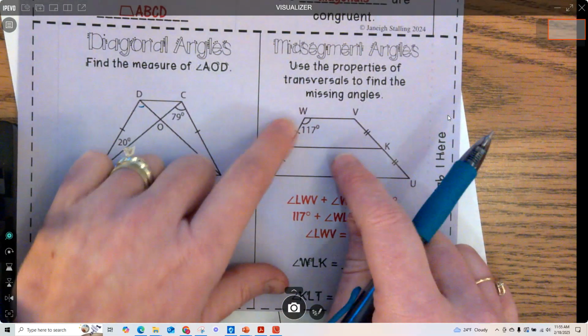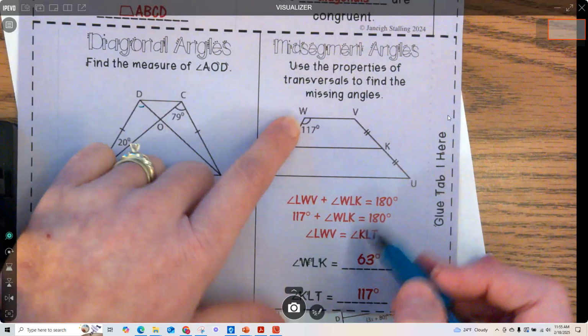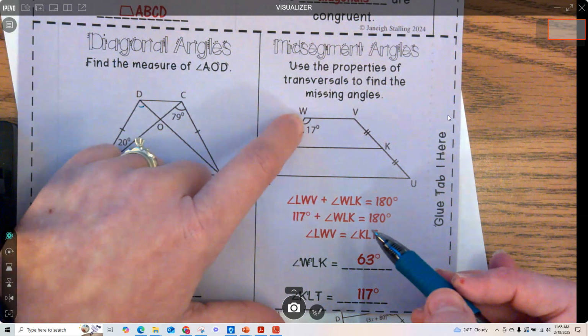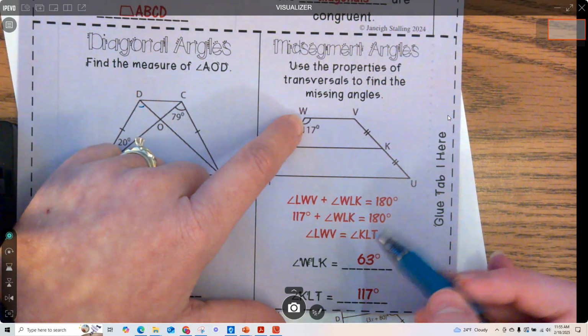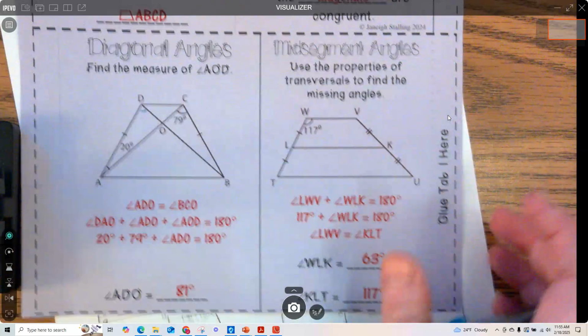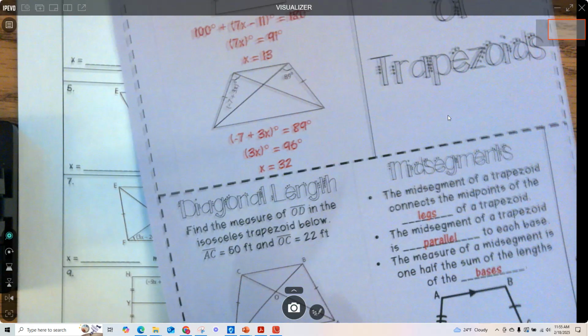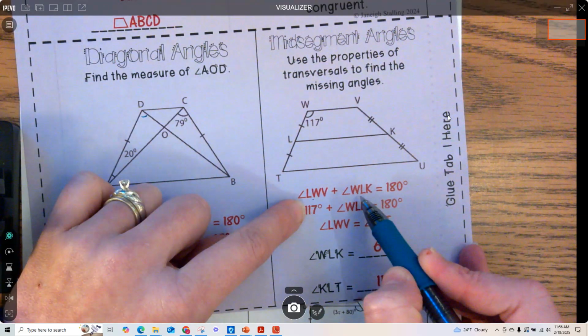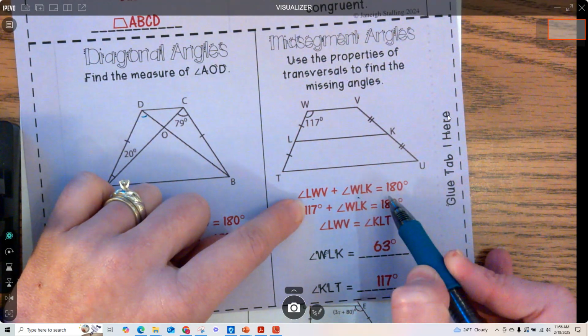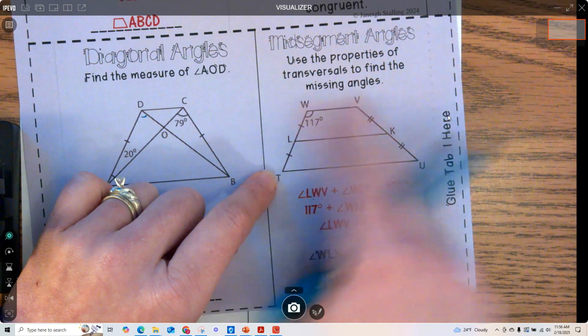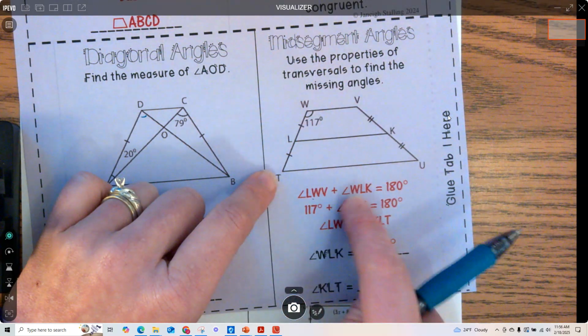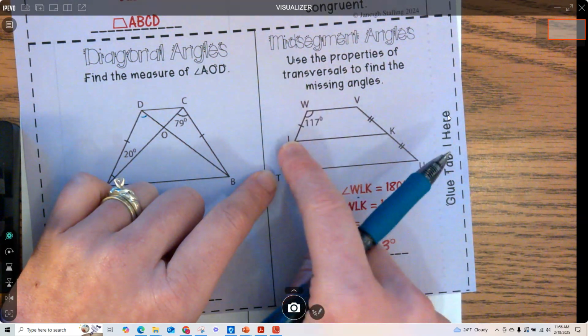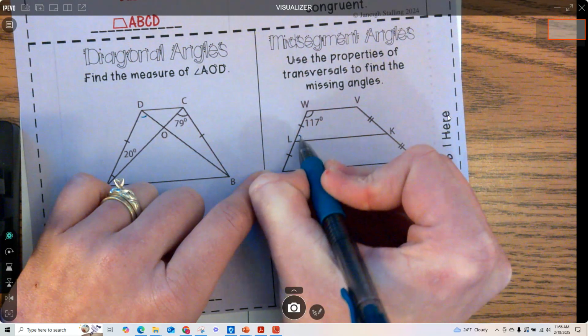So if we've got angles created, we can find missing angles. So if this angle up here is 117, we do know, let's see if I've got one of those. I don't have one of those yet. All right, LWV plus WLK equals 180. So LWV, this one, plus WLK, this angle here.